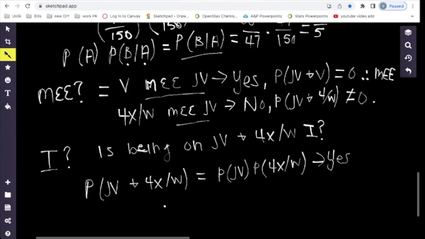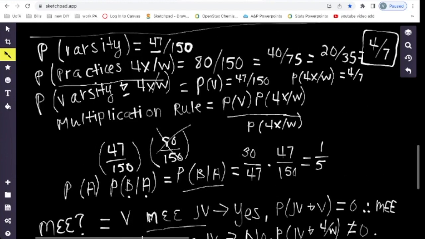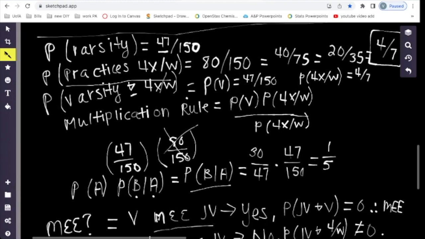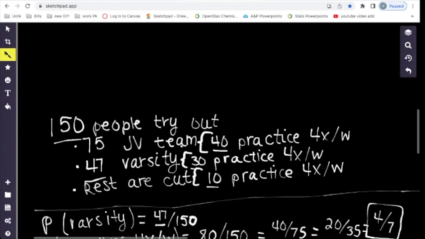So let's calculate this. The probability of them being on JV and practicing 4 times per week, well, we can go up to our sample space. The probability of them being on JV and practicing 4 times per week would be 40 out of 75.